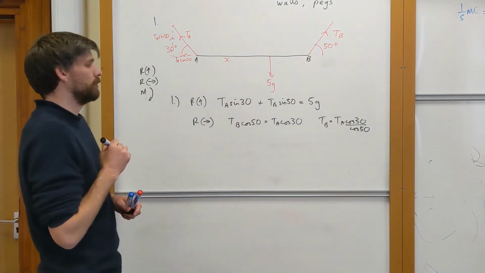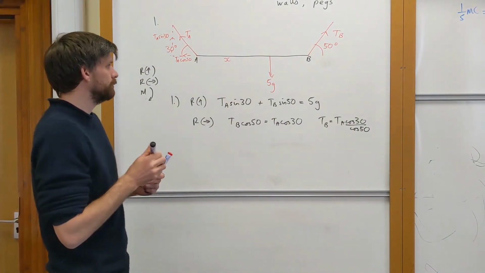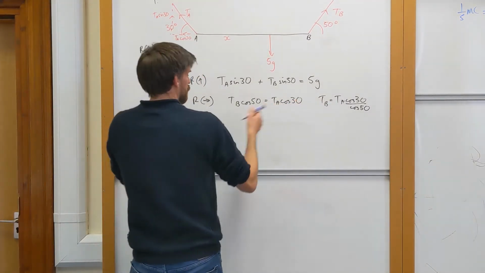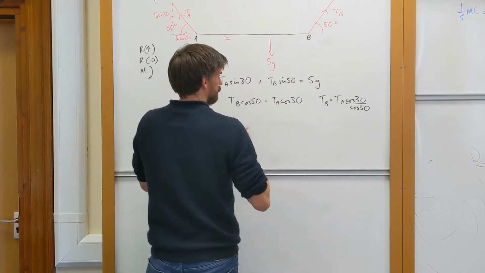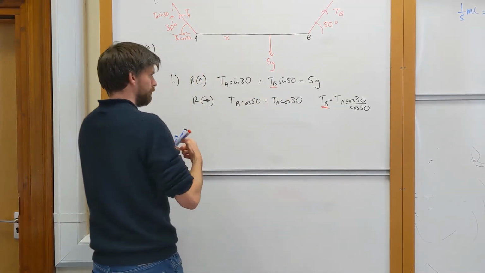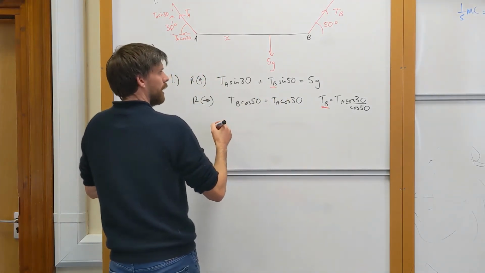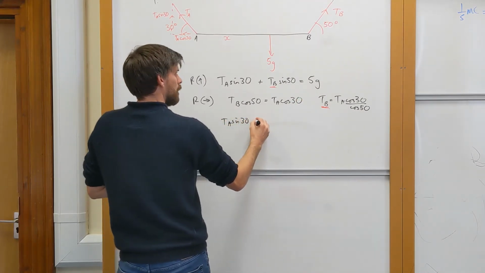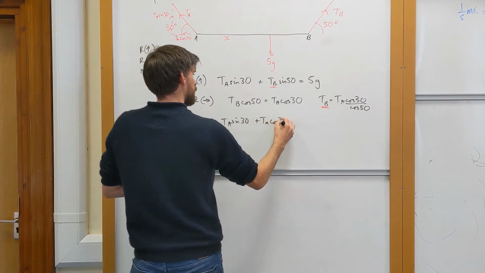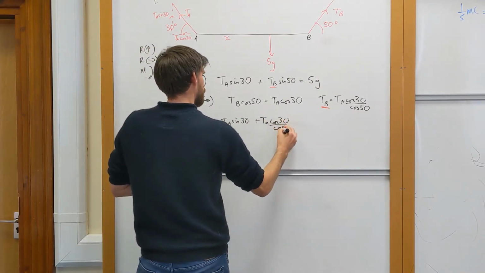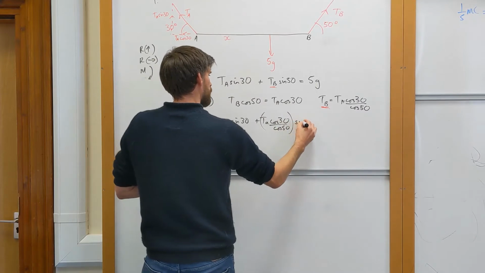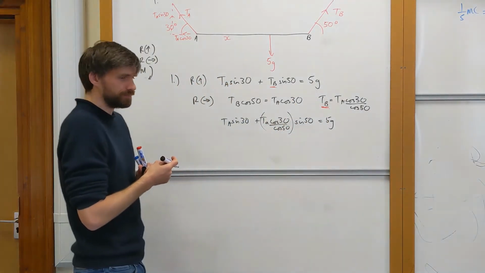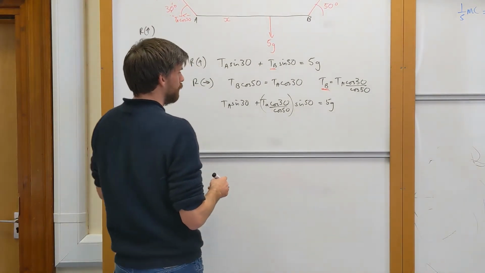Then we take this TB and put it in here. So TA sine 30 plus TA cos 30 over cos 50 times sine 50 has got to be equal to 5G. Well, we can go through and solve this.